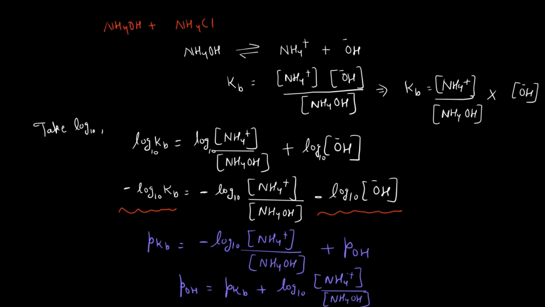So this is also the Henderson-Hasselbalch equation, for the basic buffer. If we know the Kb of the base, and the concentrations of the weak base and its conjugate acid, we can find the pOH of that buffer, and then from pOH we can find the pH of the buffer. pH will be 14 minus pOH.